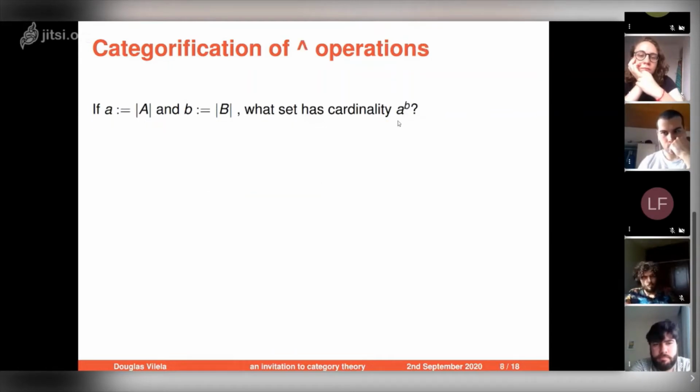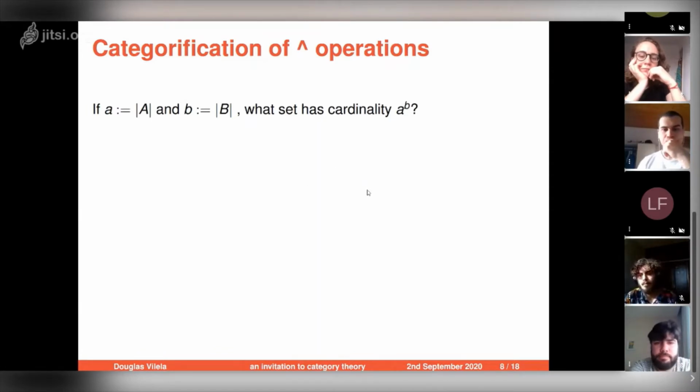The next operation is exponentiation. So again, thinking of a set with that cardinality, what is the set that we can construct with this cardinality over here?